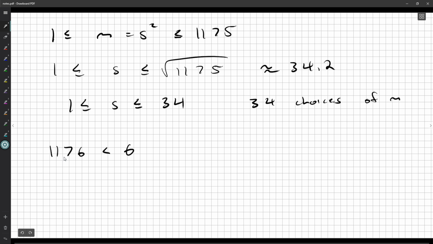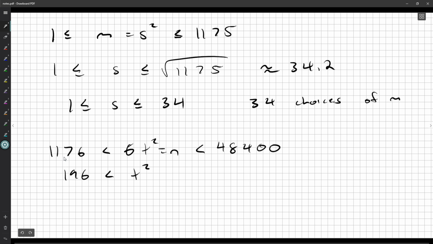Okay, so now we've got 1176 is less than 6t squared, which is the same as n, and it's got to be less than 48400. So I can divide this side by 6. 1176 divided by 6. So 196 less than t squared.